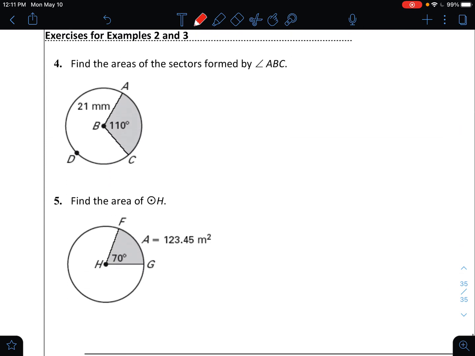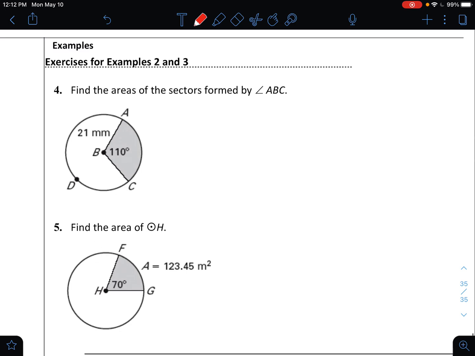Okay. There are 2 more problems on the last page of the notes. Will you please take a look at 4 and 5? Go ahead and pause the video, and then I'll have you come back.